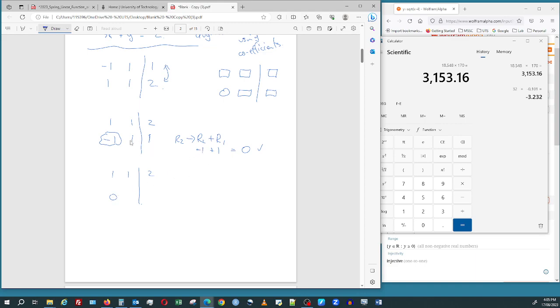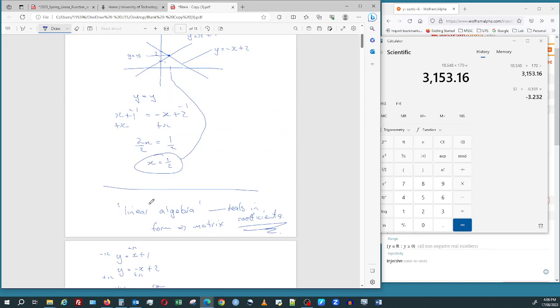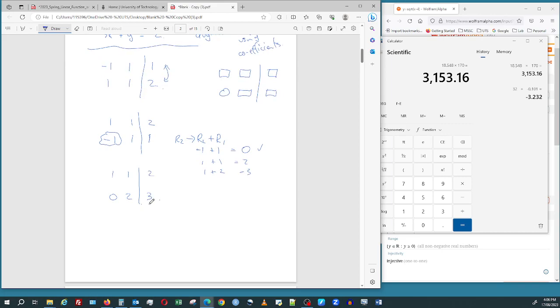Right at the next line, 1 plus 1 is equal to 2. So that's now a 2. And 1 plus 2 is equal to 3. So that's 3. So what this allows me to do is it allows me to solve for simultaneous equations.